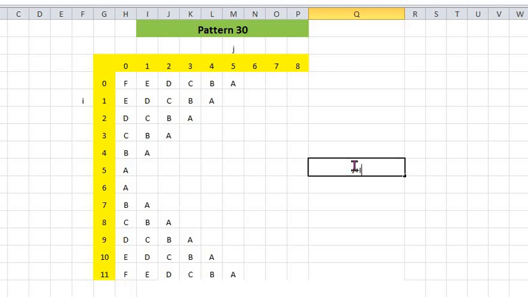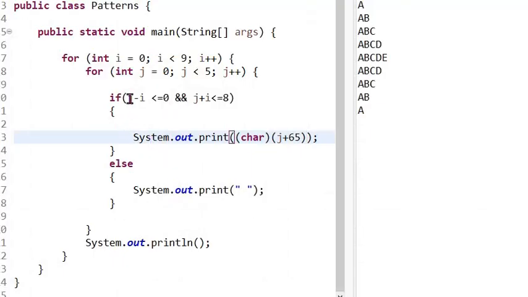j plus I less or equal to 5, okay, or j minus I less or equal to minus 6. Correct? This is going to be the equation. Let us first write out this equation over here.